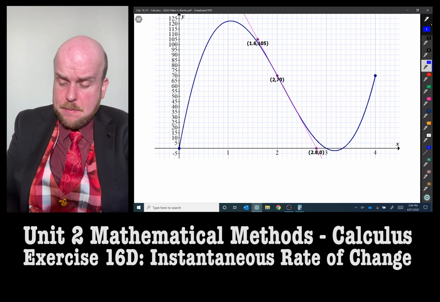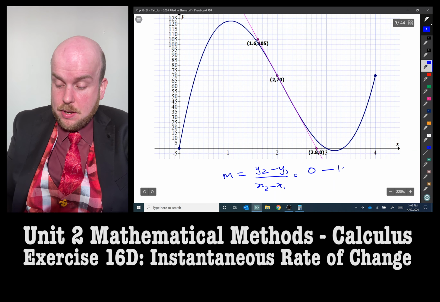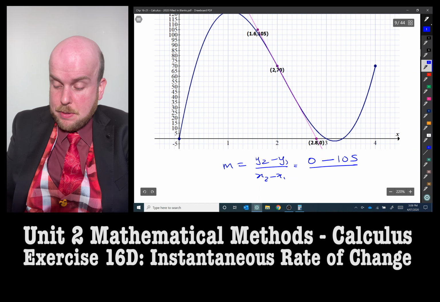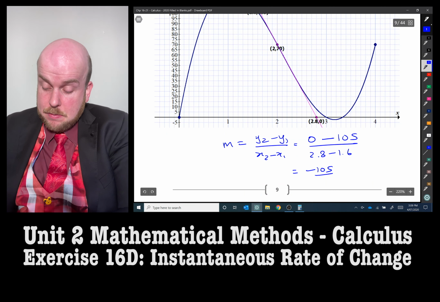So this will be m is equal to y2 minus y1 over x2 minus x1. And this is going to be 0 take away 105 over 2.8 take away 1.6. So negative 105 over 1.2.